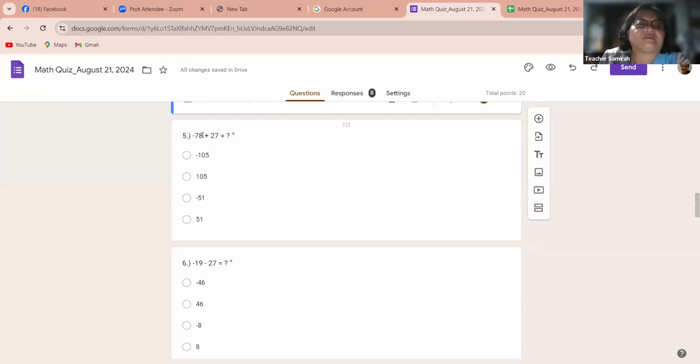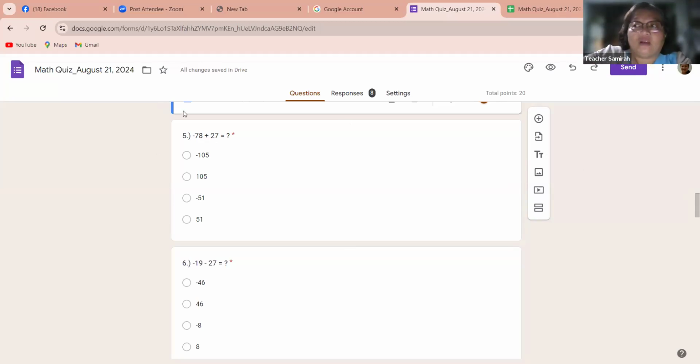Okay, next. Look at the problem. What are the signs of the two integers? Do they have the same sign or different signs? Different signs. Okay.